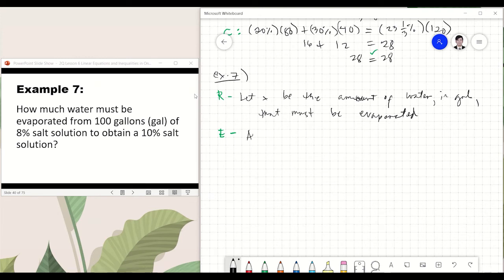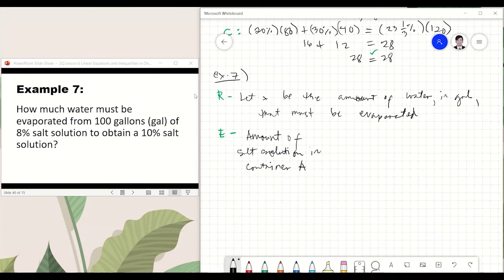So, yung equation natin, we need to get the amount of salt solution in container A. Okay. So, meron tayong salt solution sa container A and dapat may amount of water na mag-evaporate.